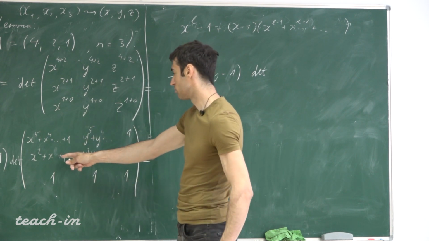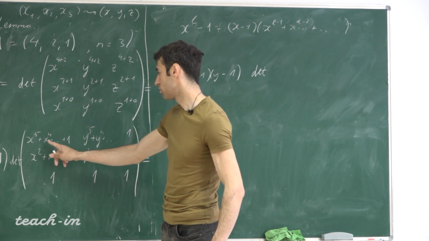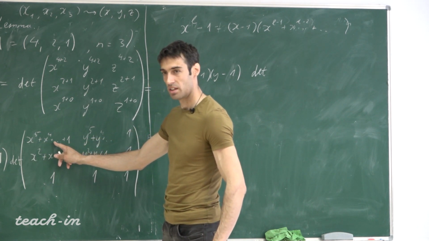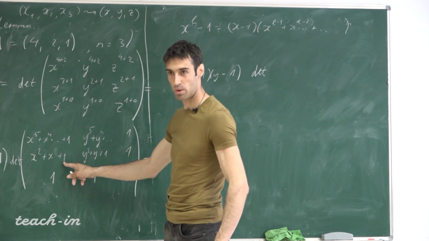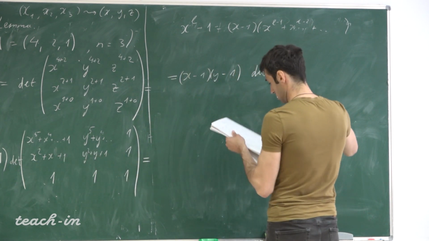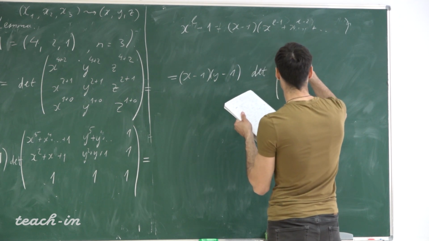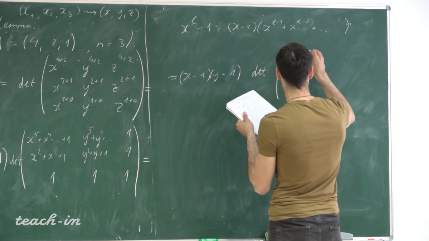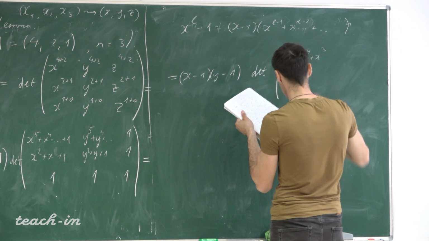What will be left is x to the 5 plus x to the 4 plus x cubed, and then x squared plus x plus 1 will be subtracted.